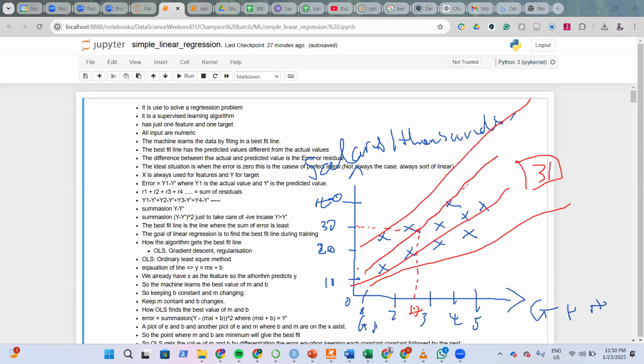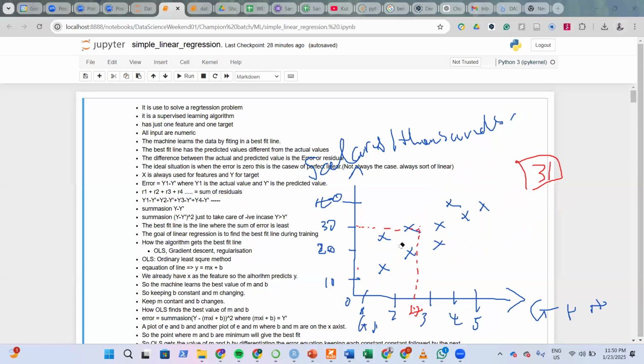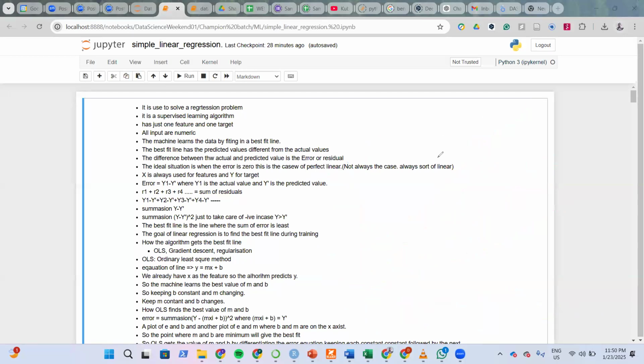So let's see. What happens is, let me delete some of these lines and clear the drawings, and then do another drawing.